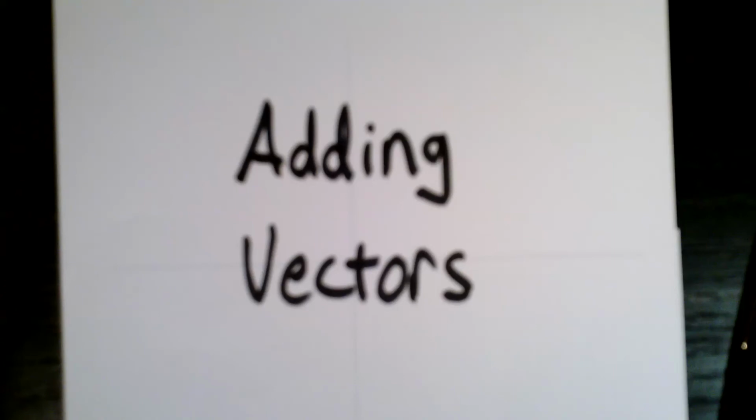We understand the physical concept of velocity and acceleration and displacement, moving from one place to another. Well, you can have more than one vector over the course of something's motion. And we've seen that with projectile problems.